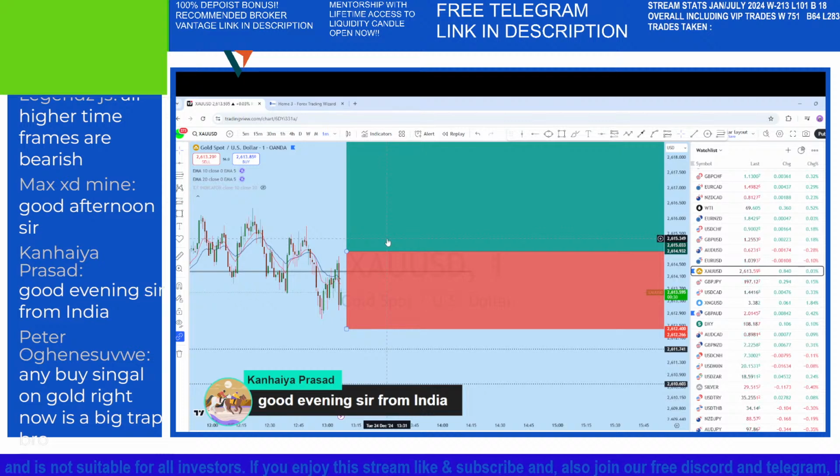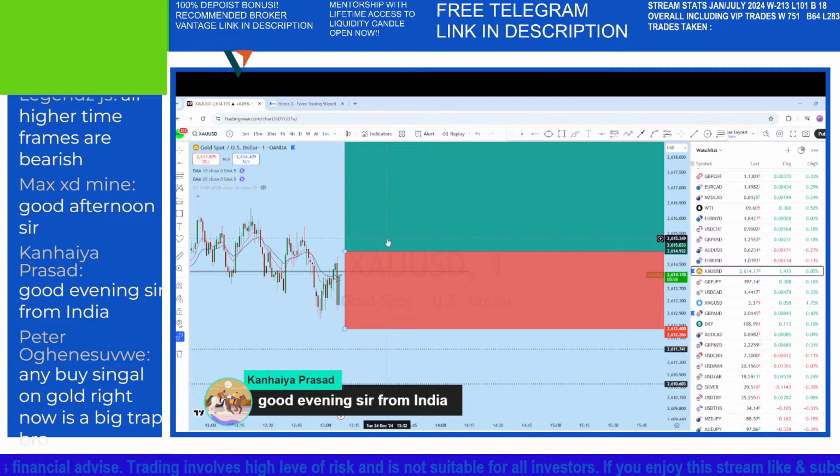That could be a reversal. Complete bullish move here.